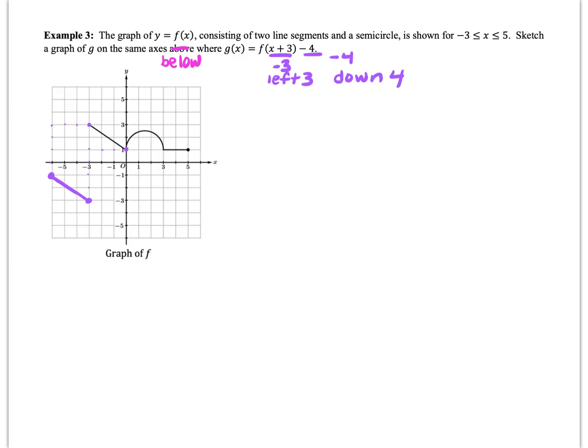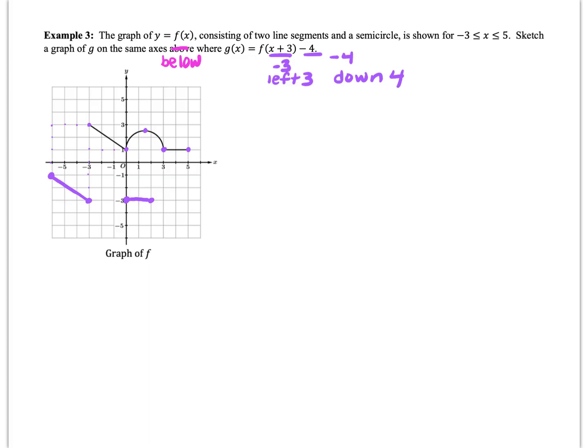And then I'm going to do the other end of the semicircle right here. Left 3, down 4. And then I'm going to do this last point. Left 3, down 4. And then for the semicircle, it might be helpful to pick a point in the middle. So maybe this point right here looks to be at 1.5 and 2.5.